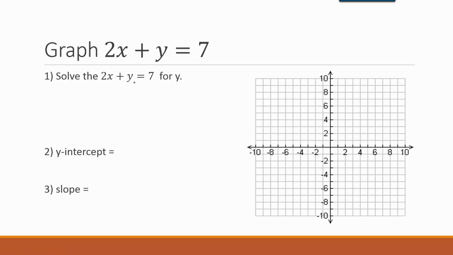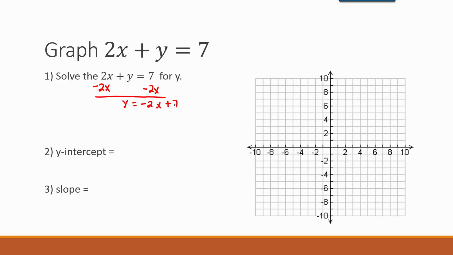So 2x plus y equals 7. I want to subtract the 2x from each side to get the y term by itself. So now I have positive 1y equals, write your negative 2x first, and the 7 was positive, so I would write plus 7. We cannot combine those two, the 7 and the negative 2x, because they are not like terms.